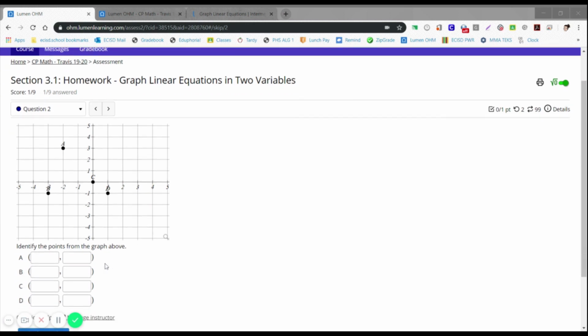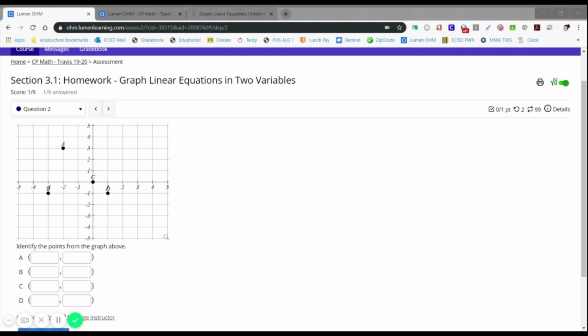It's also important to know that each coordinate can be positive or negative. Positive X values mean you go right from the origin. Negative X values mean you go left from the origin. Positive Y values mean you count up, and negative Y values mean you count down.